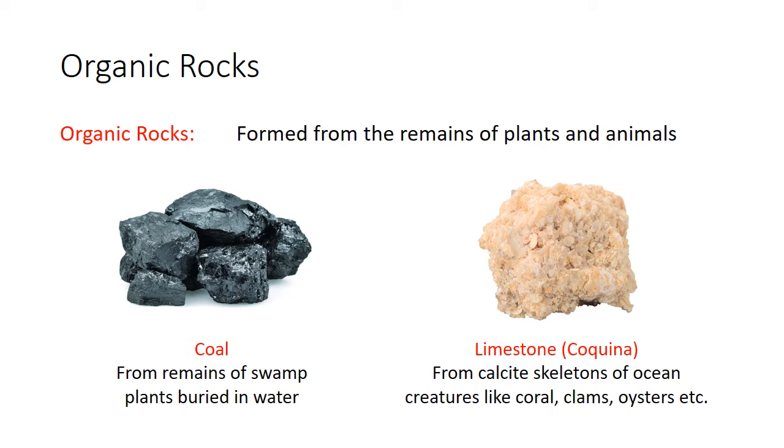A type of limestone called coquina is formed from calcite skeletons of ocean creatures like coral, clams, and oysters, which is pushed together under great pressure on the ocean floor over millions of years.